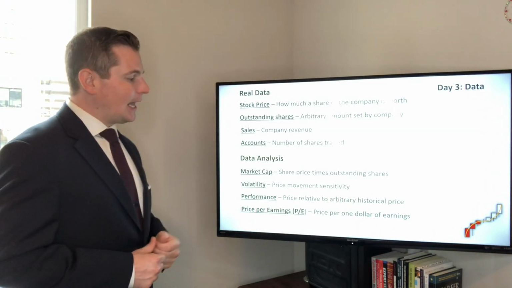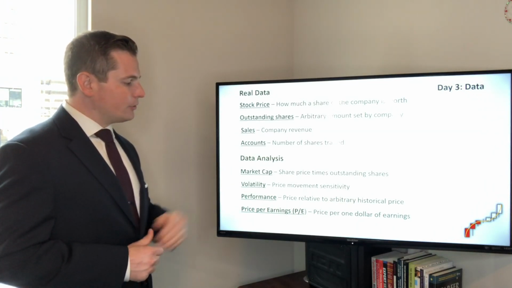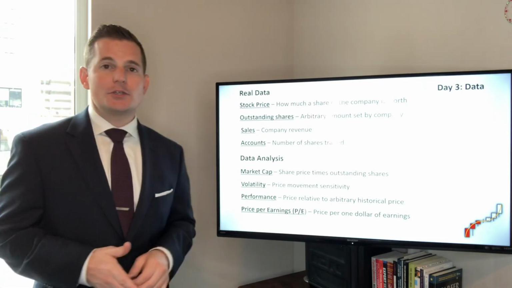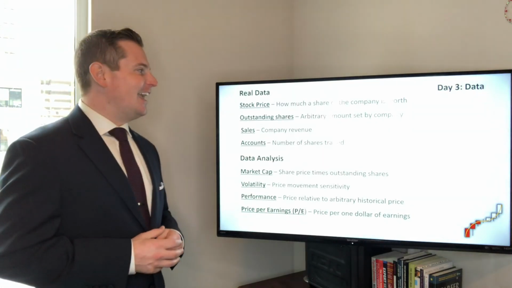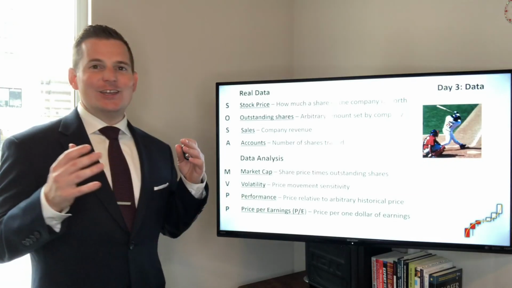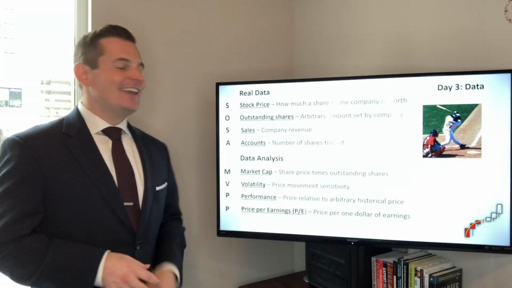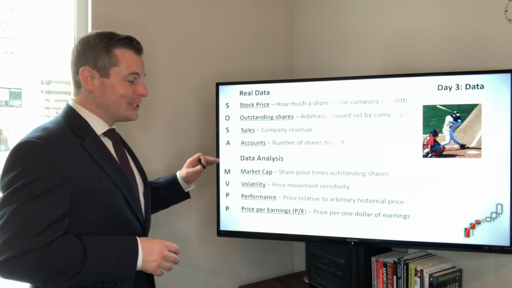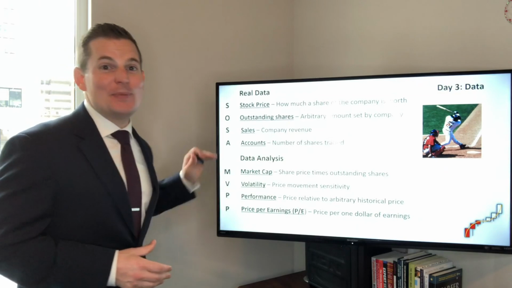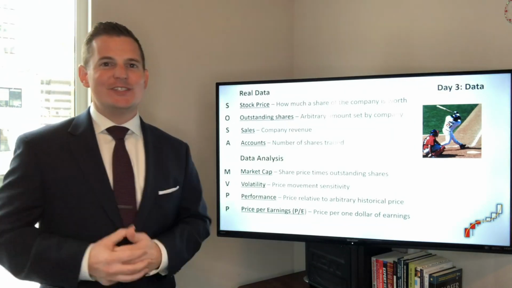And the data analysis is the market capitalization, the volatility, the performance, and the price per earnings. And an easy acronym that you can remember this by is SOSA MVP. MVP, right? There's two P's there.